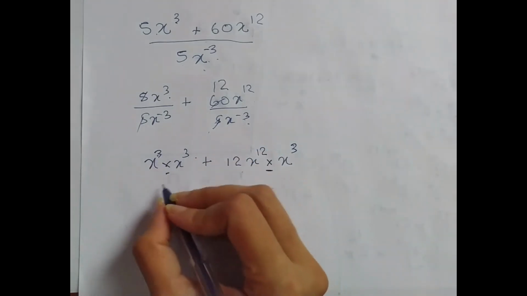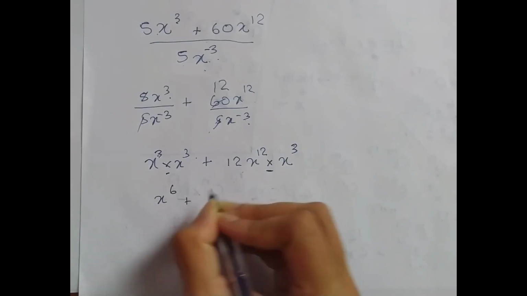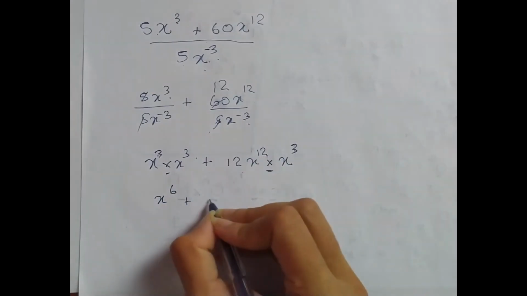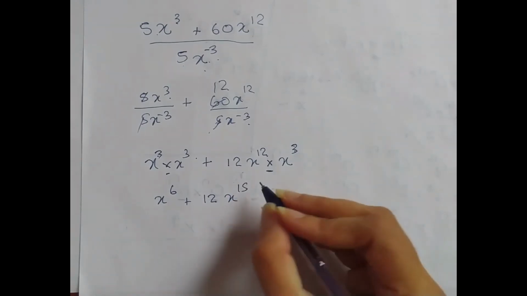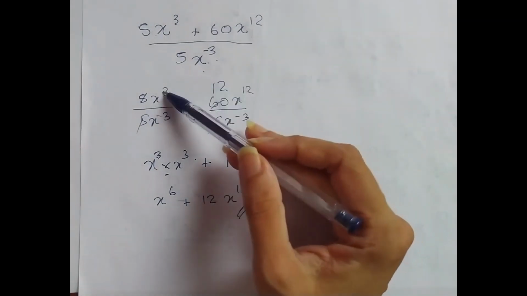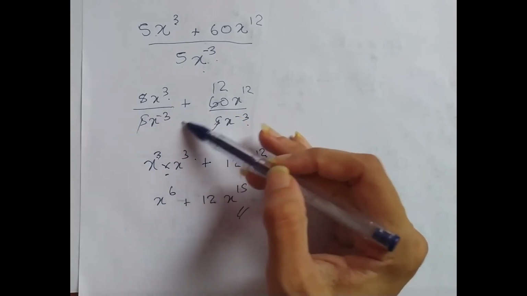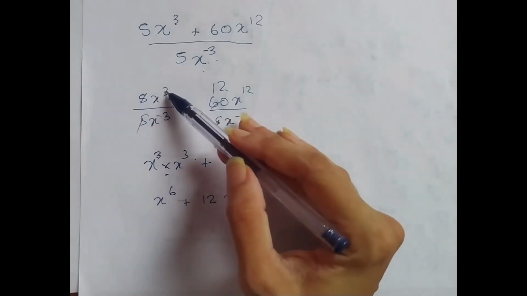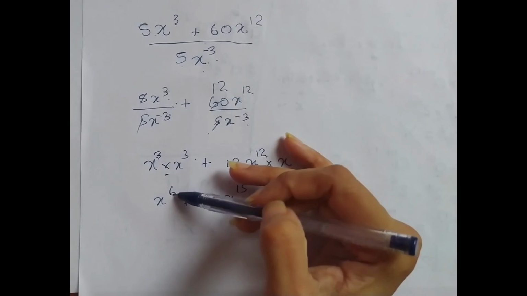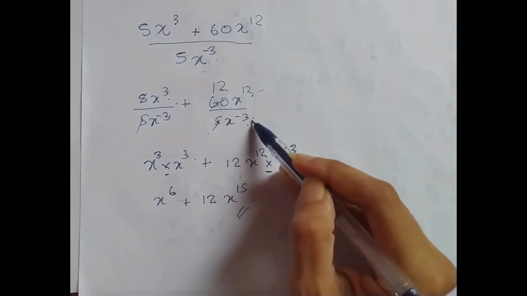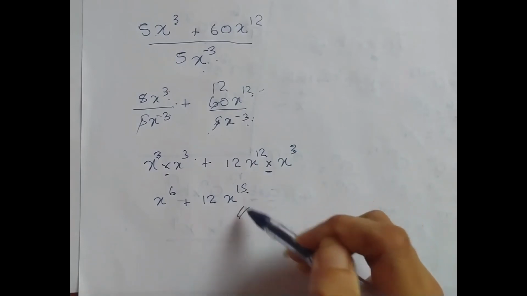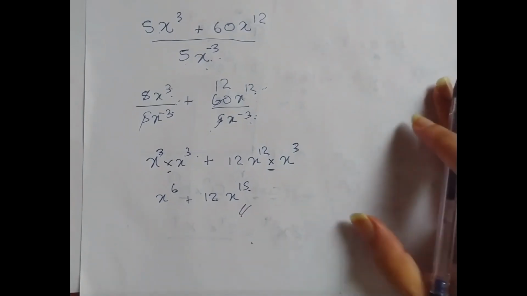So you can add this and this, which is x to the power 6. You can add this and this, so that will be x to the power 15. So this is the answer. Even if you divide here, this is division without taking this up, you can see 3 minus minus 3 will give you 6. 12 minus minus 3 will give you 15. So you will get the answer.